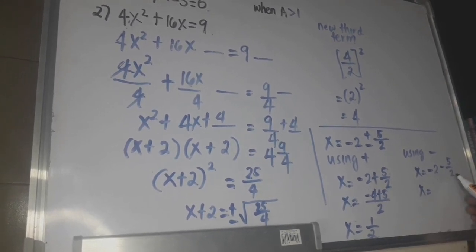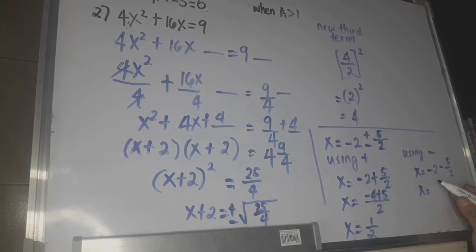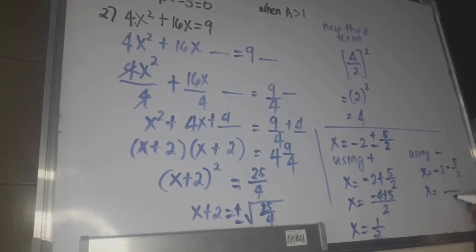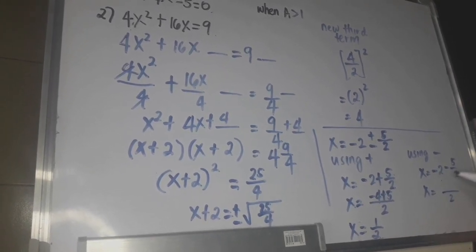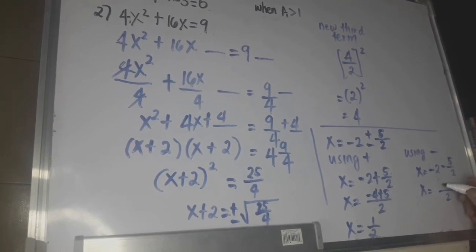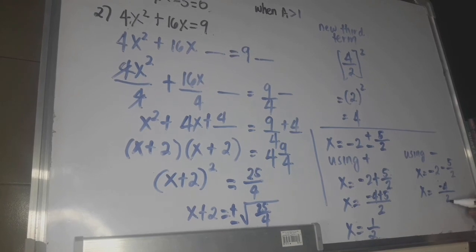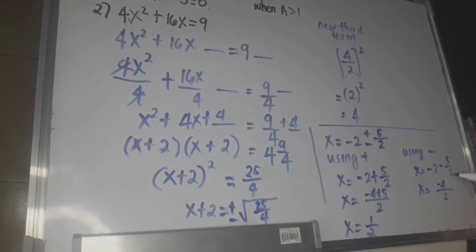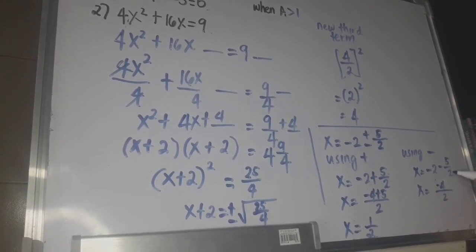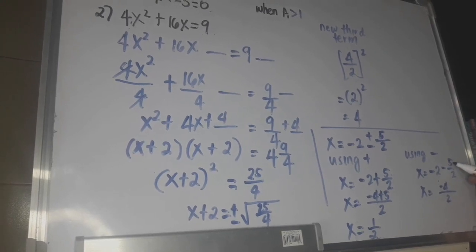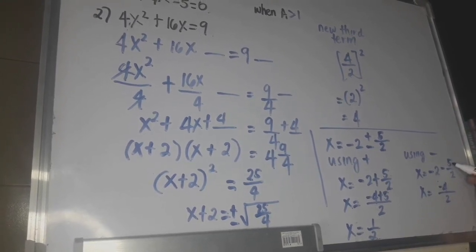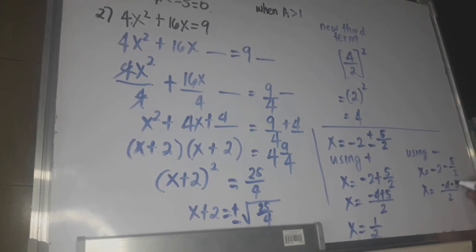So the LCD of denominators 1 and 2 is 2. 2 times negative 2 is negative 4. 2 divided by 2 is 1 times negative 5 is negative 5.